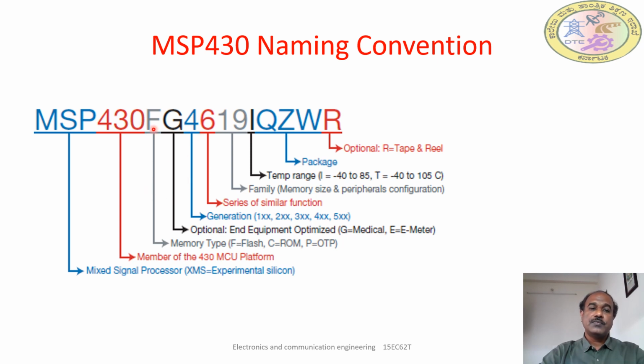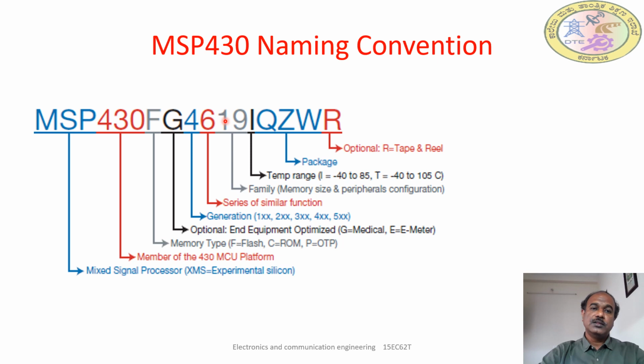Then after these two letters, the first digit, here it is 4, indicates the generation of the microcontroller. It may be 1, 2, 3, or 4. If it is 1, it is a first generation microcontroller of the 430 series; if it is 2, the second generation. Here it is 4, which means it is a fourth generation MSP430 microcontroller. The second digit after the 4 indicates that it belongs to a series of similar function.